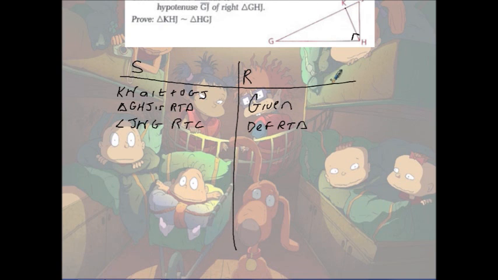Now, you can name both right angles if you would like, or since we're trying to prove triangle KHJ, that's this triangle over here, the only right angle I truly need is angle JKH is a right angle. Definition of an altitude. Next thing I want to do is state all right angles are congruent. Angle JHG is congruent to angle JKH. All right angles congruent.